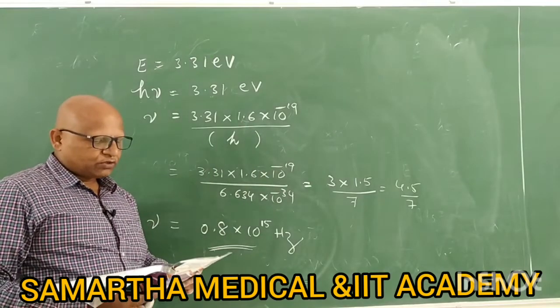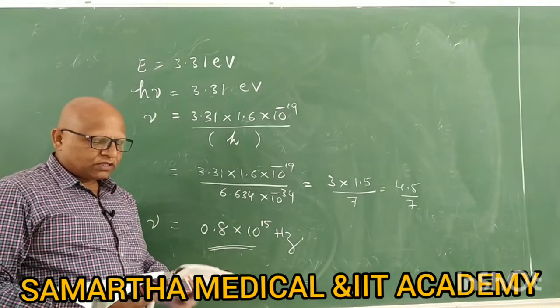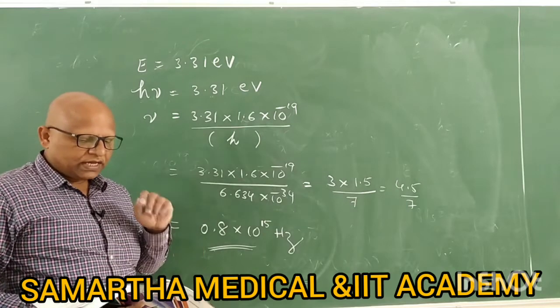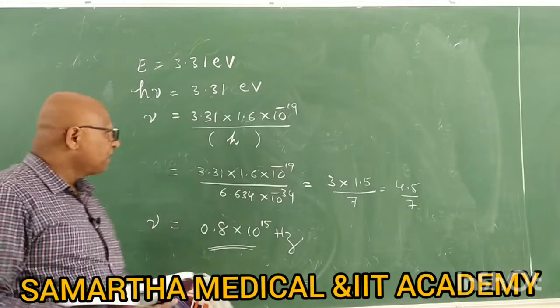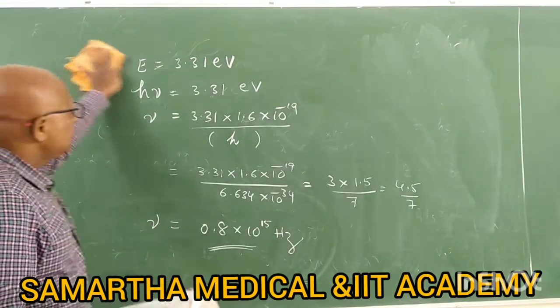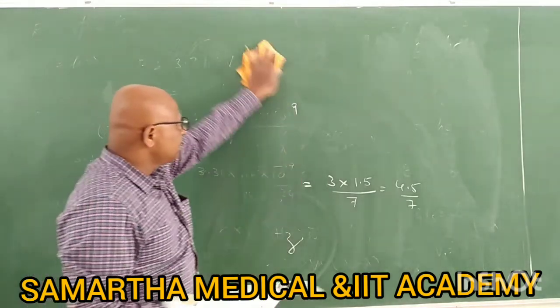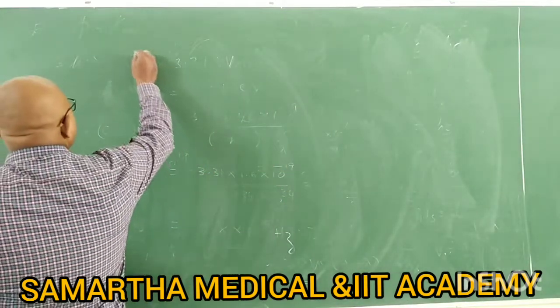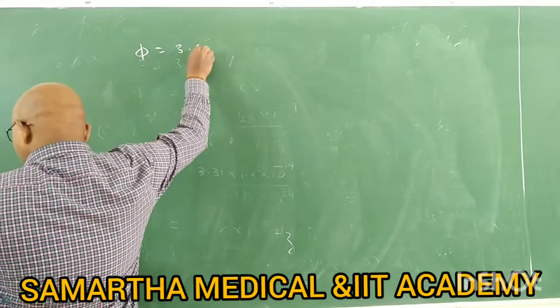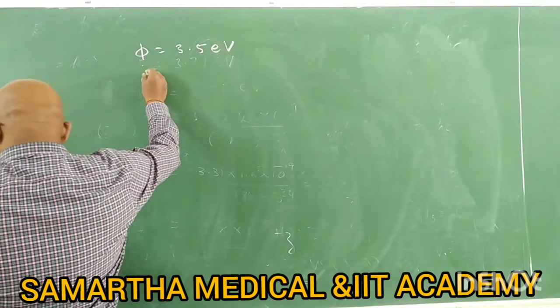Next question, a radiation of wavelength 2500 angstrom is incident on a metal plate whose work function is 3.5 eV. See, they have given the work function already. So what is the work function? Work function is 3.5 eV. And what have they given?